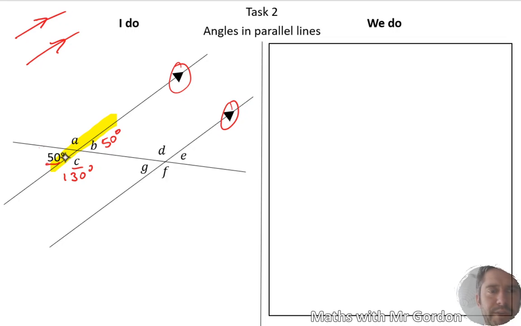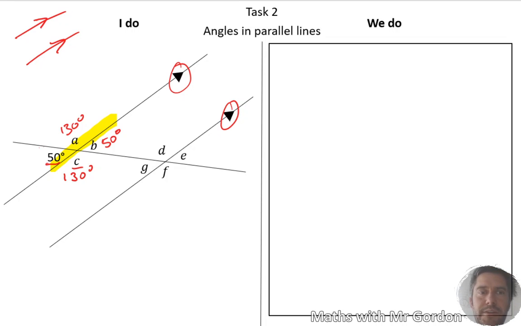Well, we can also see that B is opposite that other one, but they're the same. So when we have two lines which meet at a point, the angles which are vertically opposite each other are the same. So that 130 degrees there will be the same as the angle vertically opposite there, 130 degrees.